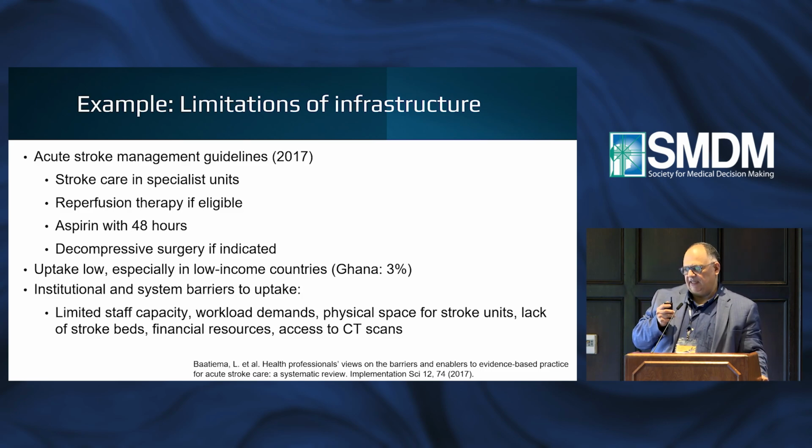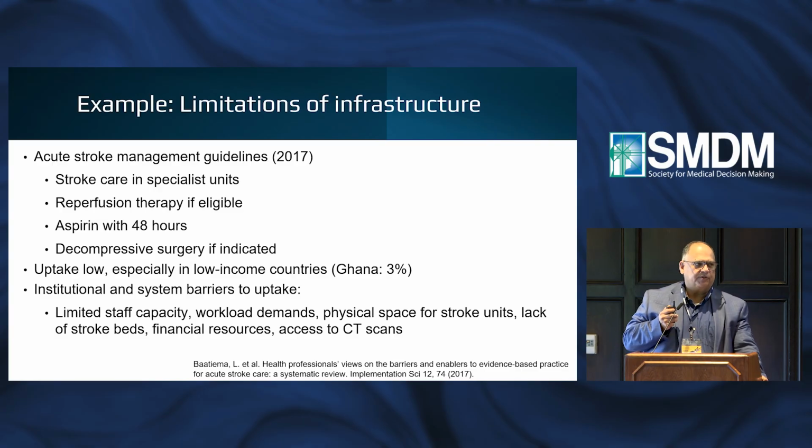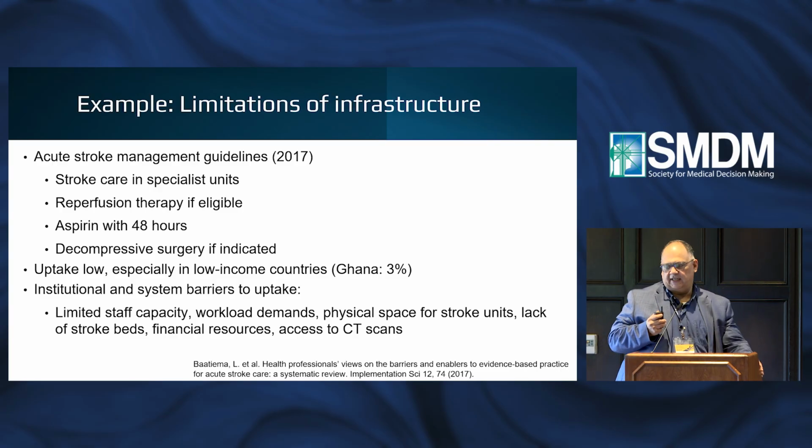They said stroke care should be delivered in specialist units, so there should be acute stroke units in hospitals. That patients who are eligible for reperfusion therapy should get it and get it expeditiously. That aspirin should be administered within 48 hours, and that decompressive surgery, so actually surgery to relieve pressure on the brain, if it was indicated, should be available and offered to patients.